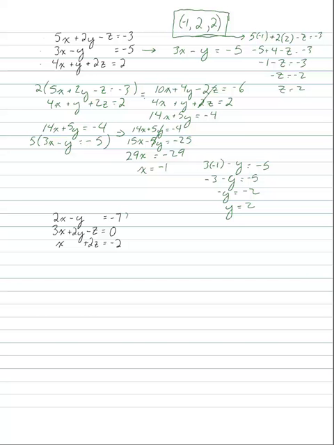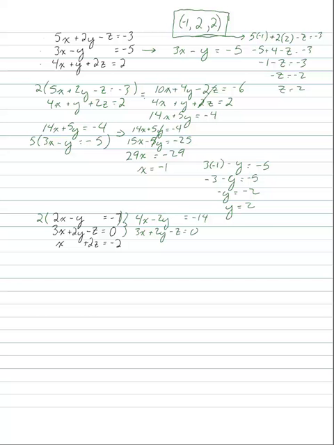So let's see. To eliminate my y's, I have a negative 1y and a positive 2y. So I'm going to multiply the first one by a positive 2. So I will get 4x minus 2y equals negative 14. Again, I'm going to leave the blank just as a placeholder. 3x plus 2y minus z equals 0.